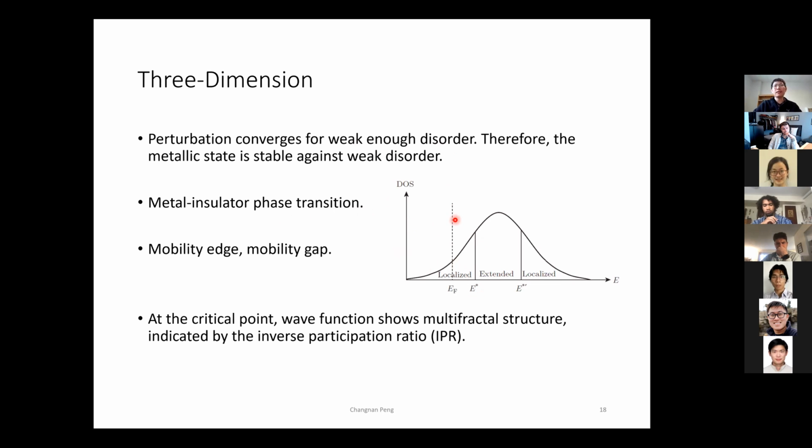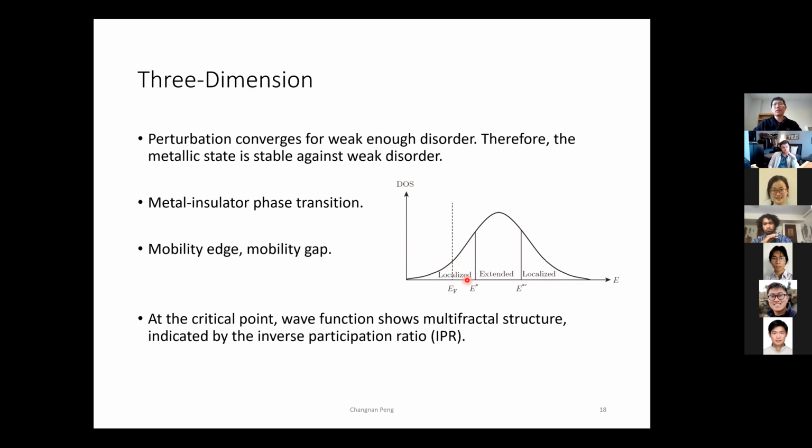We have our Fermi level here, and it sits in a localized range, so it's an Anderson insulator. But above some gap, we have the extended states. This gap is usually called the mobility gap. This type of Anderson insulator sometimes behaves similarly to a semiconductor, which also has an activation gap.